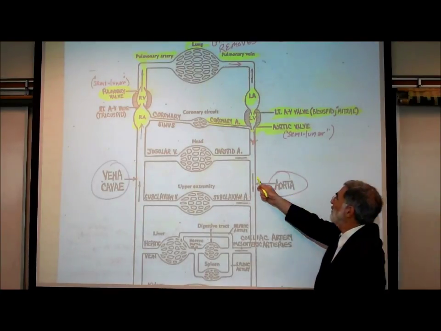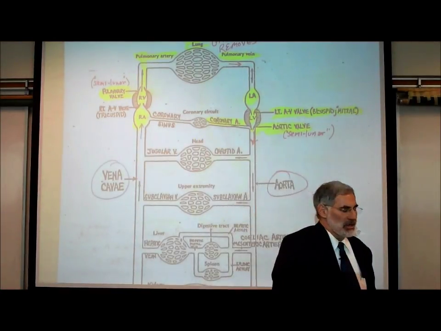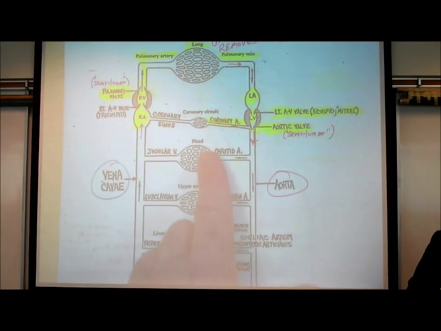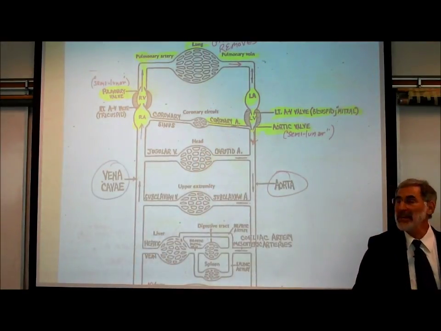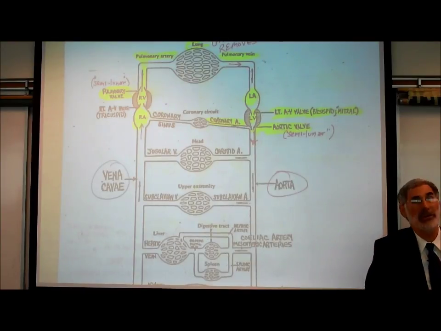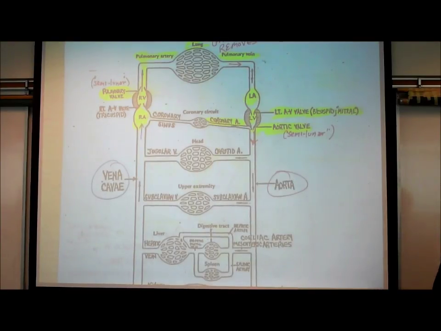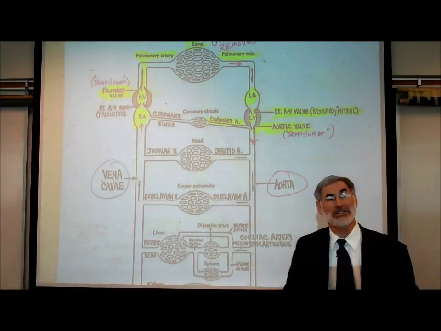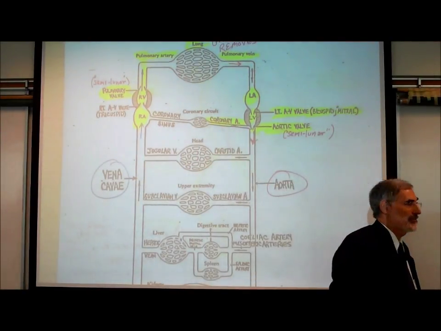What does the coronary artery do? It carries oxygenated blood to the, anybody know? Coronary arteries? Right. The heart. If somebody has a heart attack, they'll sometimes call that a coronary. So the first organ that gets its own oxygenated blood is the heart itself.